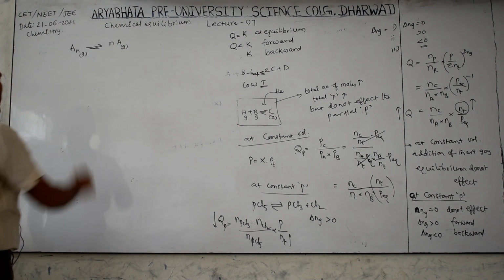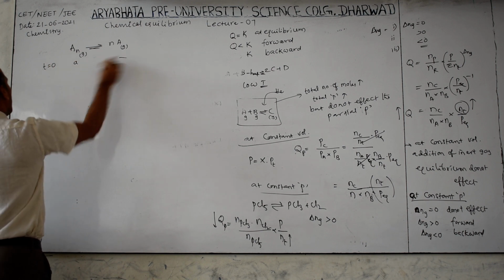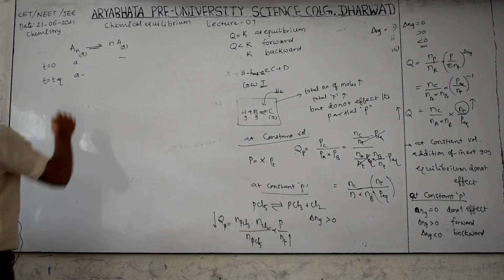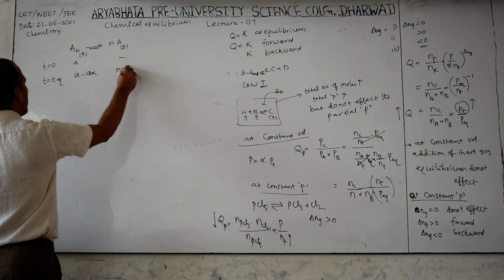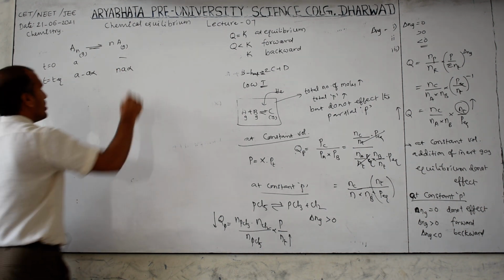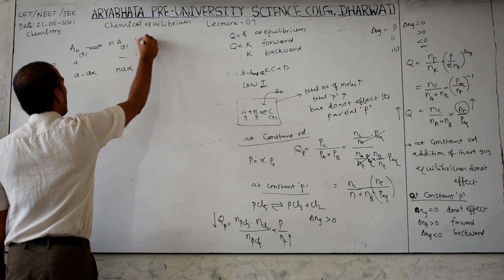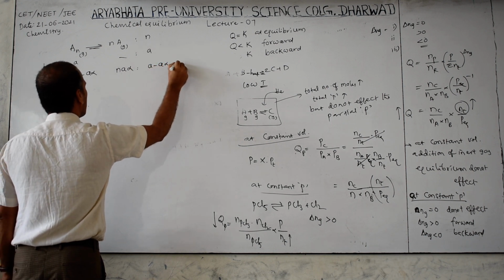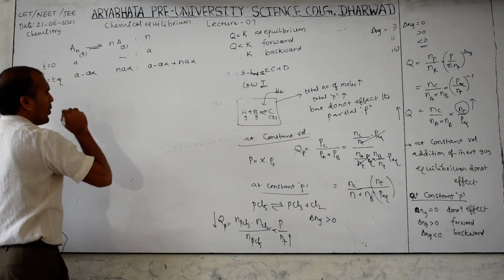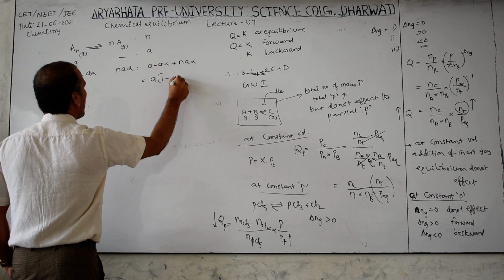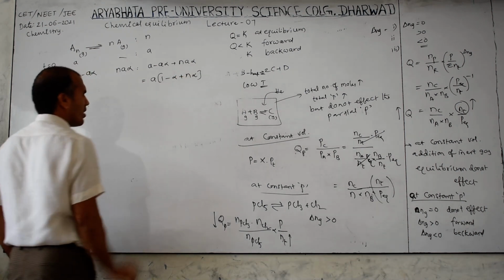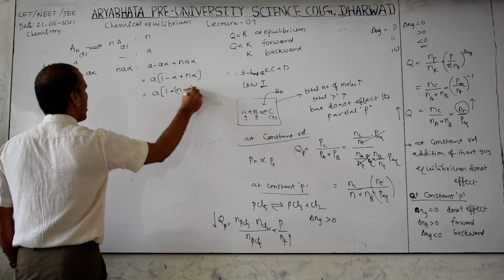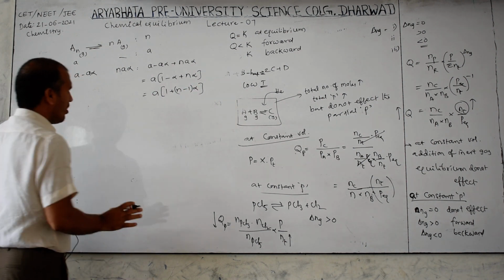For this reaction, at time t equal to 0, we have a moles; at equilibrium, a minus a alpha, with alpha the degree of dissociation, and n a alpha of product. Then a minus a alpha plus n a alpha, taking a common: a into 1 minus alpha plus n alpha, taking alpha common, a into 1 plus (n minus 1) alpha.